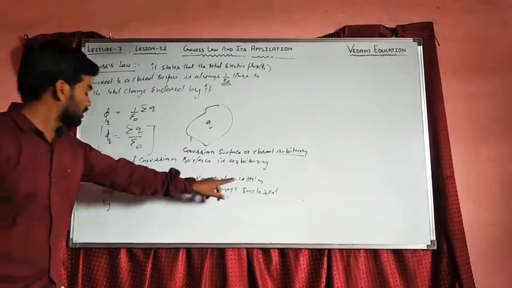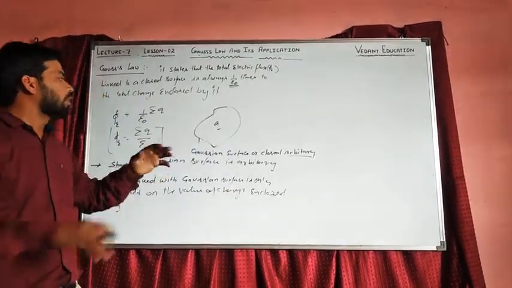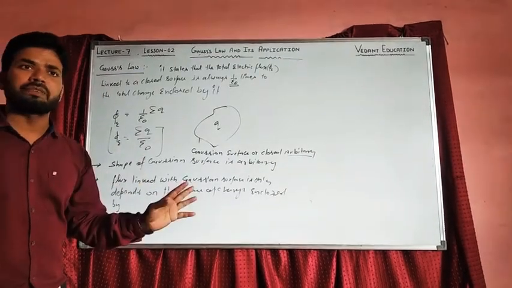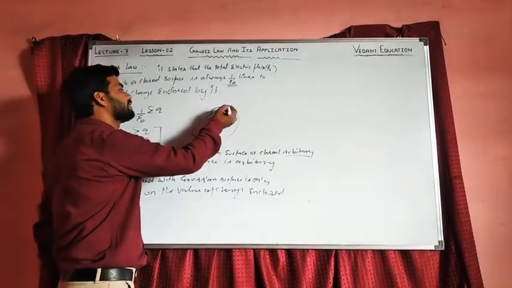Flux linked with the Gaussian surface only depends on the value of charge enclosed by it. The value of the charge outside the surface does not matter. What matters is the value of charge inside the surface.